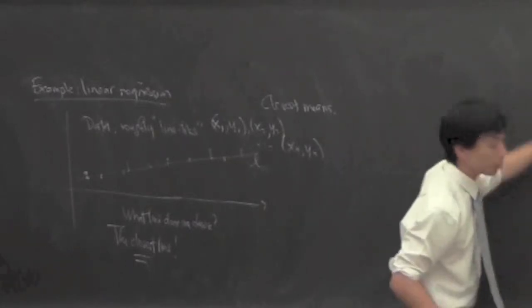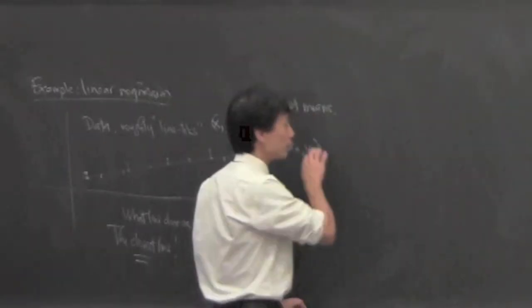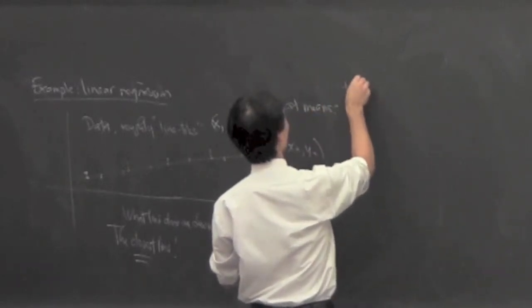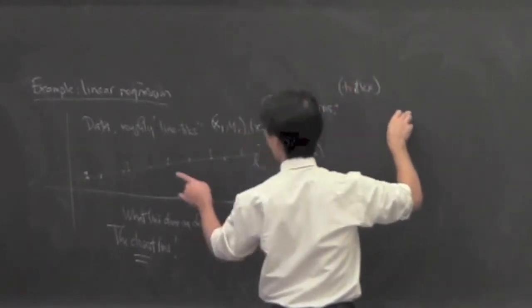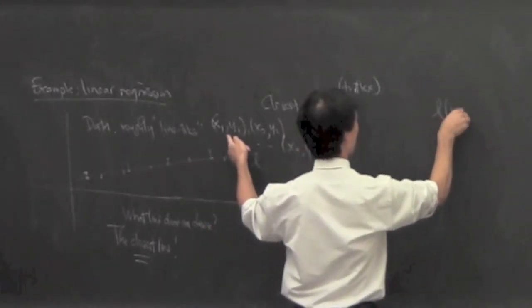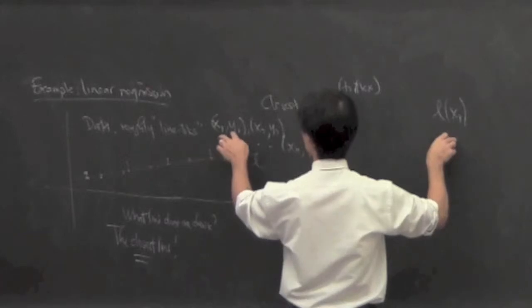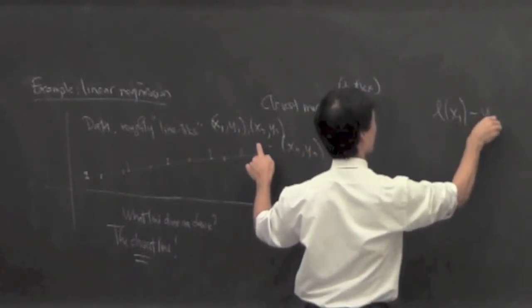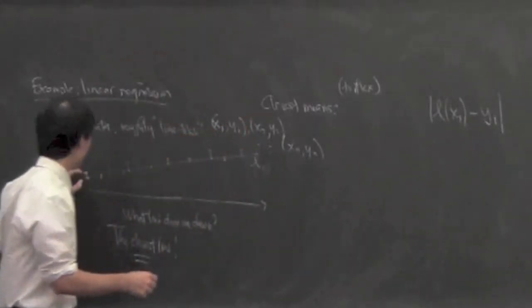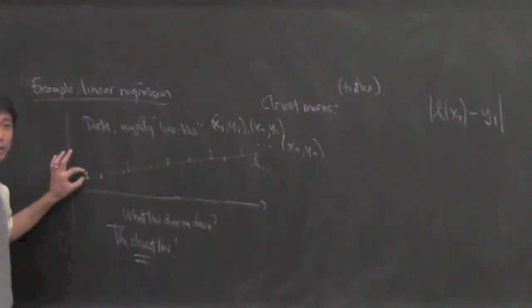I should say this is not quite right, but it's a good guess. Closest means that you take the line and evaluate it at x1, and you look at the difference between that and y1. That's this distance right here.